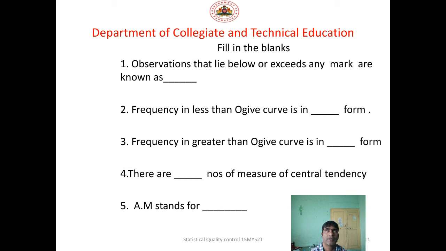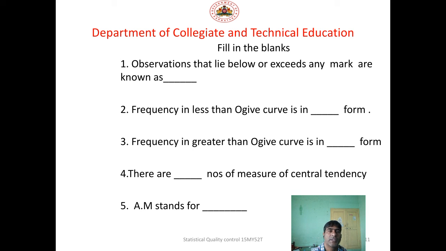Second question: frequency in less than Ogee curve is in dash form. Which form of curve are we getting? We are getting the ascending form. The frequency in less than Ogee curve is in ascending form; it goes on increasing.